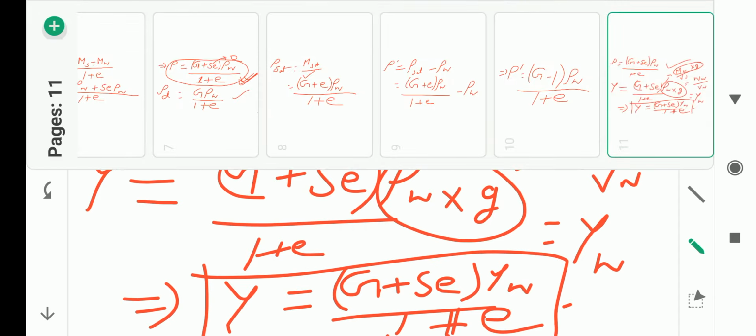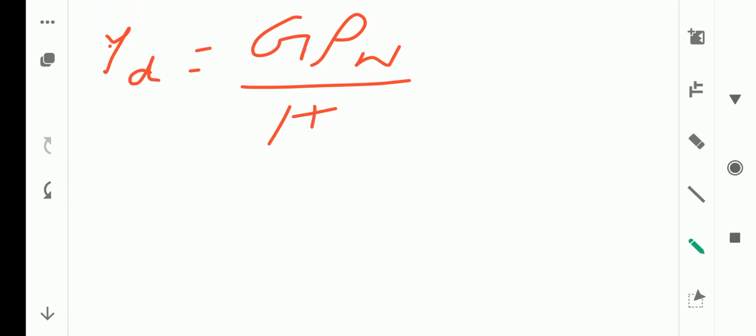In the very same manner we can write dry density. What is dry density? Dry density is G rho W upon 1 plus E. This is dry density, and we want dry unit weight.